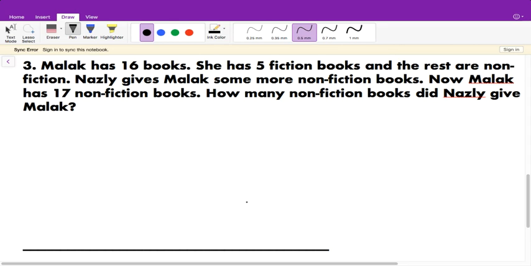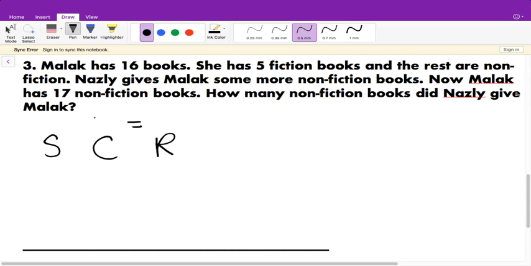Okay, so we need to find out how many books were given to Malik. So if someone's giving someone something else, that means we're dealing with a change. So we need to do this as a start, change, result equation.